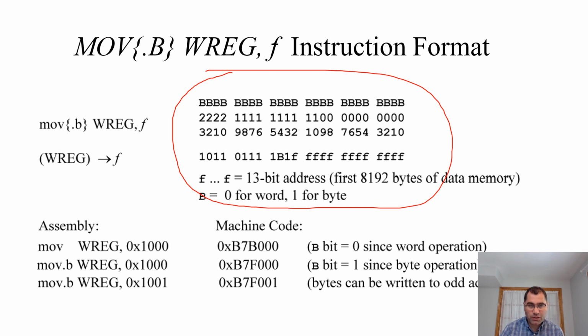We don't change any of these until here. B: if we do a byte operation, it's going to be 1. If it is a word operation, it's going to be 0. Then we have one constant 1 here, and then we have the 13-digit f, which is for the address location, the file register location. Using that, you can figure out what the machine code should be. Let's do it for this one.